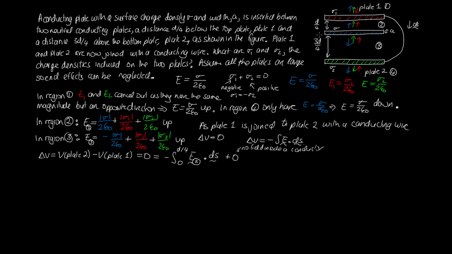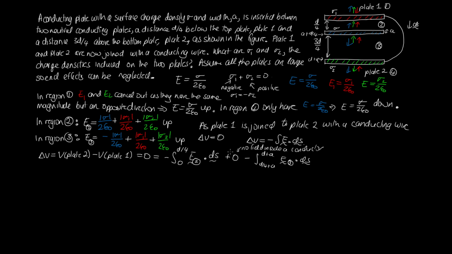So then we go from this point here, which will be A plus d on 4, to this point down here, which the distance from here to here is going to be d plus A. So that'll be minus the integral from d on 4 plus A to d plus A of the electric field in region 3 ds.